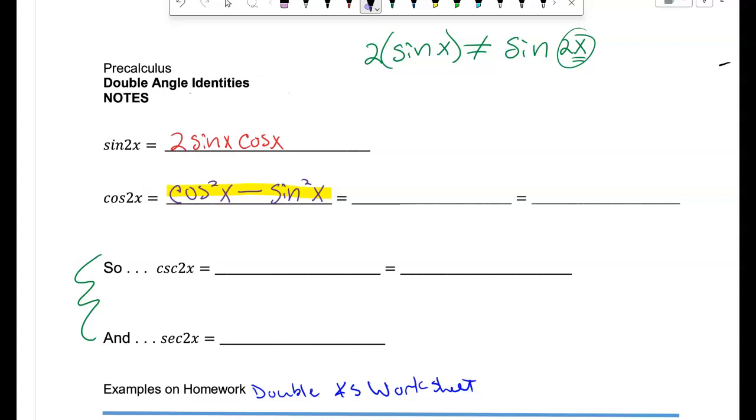Now, the other 2 identities are derived from this one. So the first one is 2 cosine squared x minus 1. Now someone goes, how in the world do you go from cosine squared x minus sine squared x to 2 cosine squared x minus 1? Very easily. I take the cosine squared x and I substitute something in for sine squared x. Any sub-identities that might work with that?